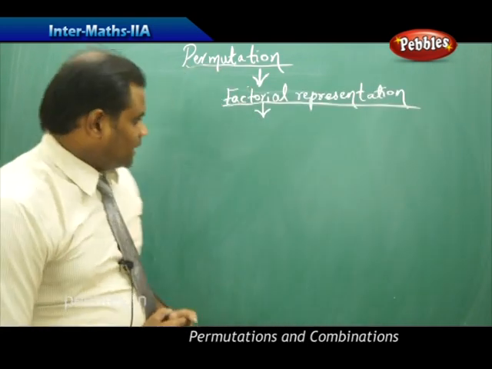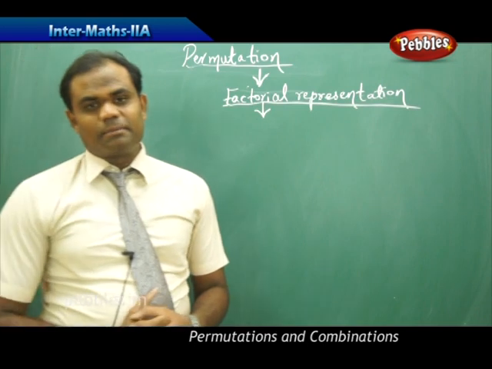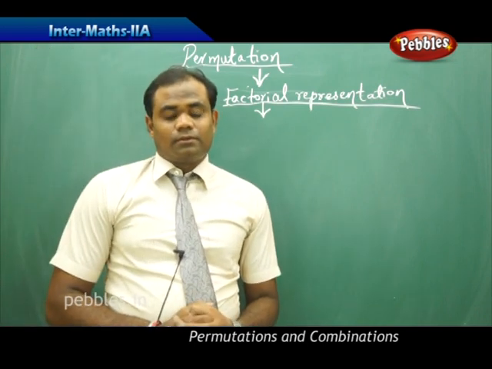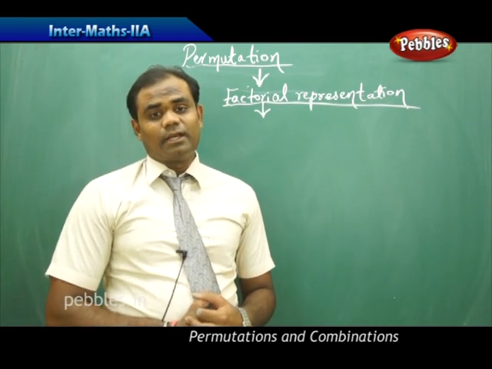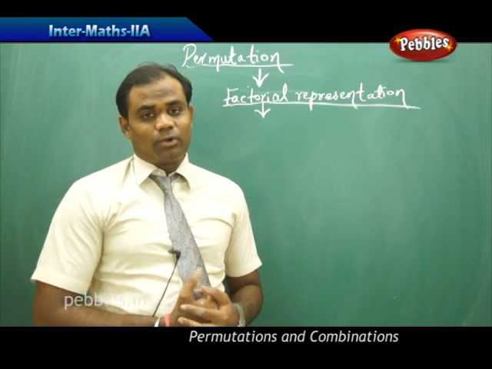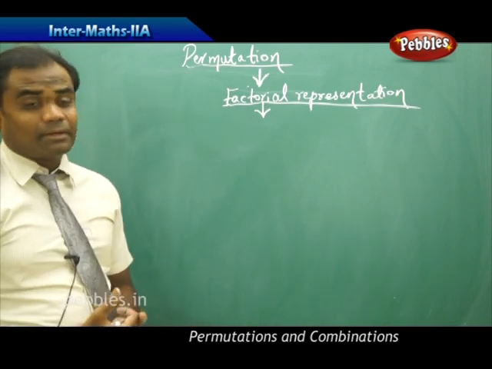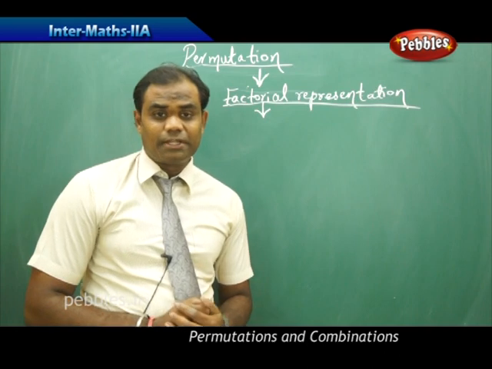Now, as we have seen the permutation in the form of the product, let's see how that can be represented in factorial notation.